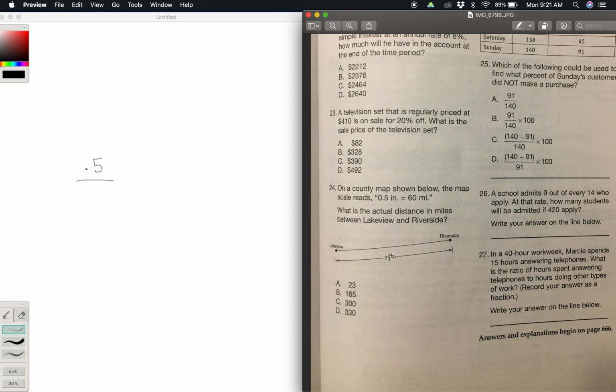How many halves do we have in 2 and 3/4? Well, we know there's 4 halves in 2. Actually, let's do it this way. You should know your chart for decimal and fraction equivalence.